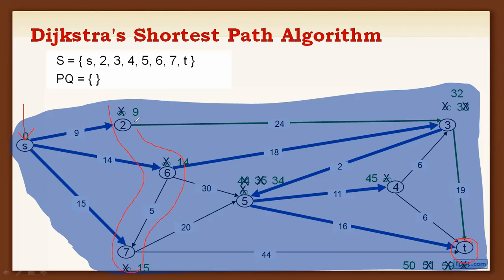The minimum cost is S to 2 is 9, S to 6 is 14, S to 7 is 15. This is stage 1. Next, stage 2. The minimum cost for the stage 2 vertex is, this is the minimum cost.